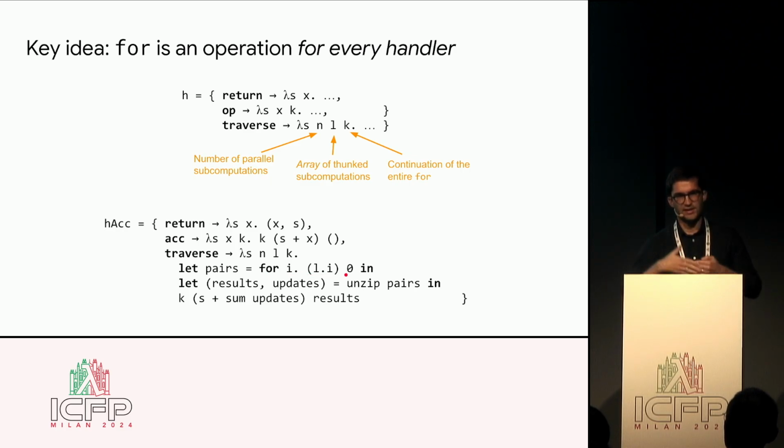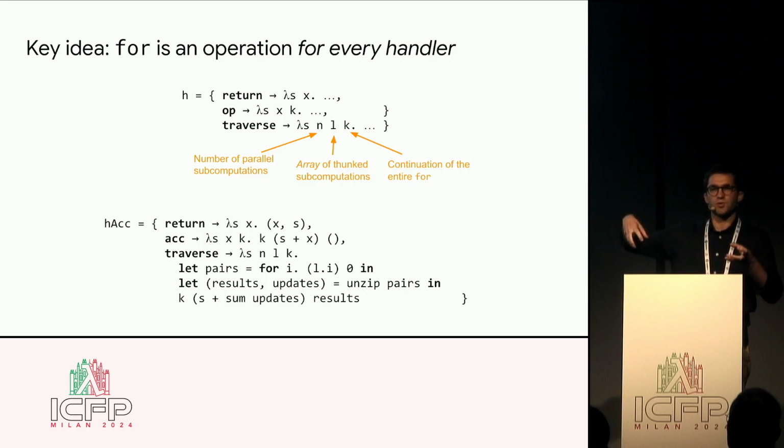So this for expression can be evaluated in parallel. We evaluate all of the steps initializing their state to 0, because 0 is the neutral element of plus, which results in an array essentially of pairs of the individual results of the iterations and the contributions they make to the total accumulation that sums up the full program, right?